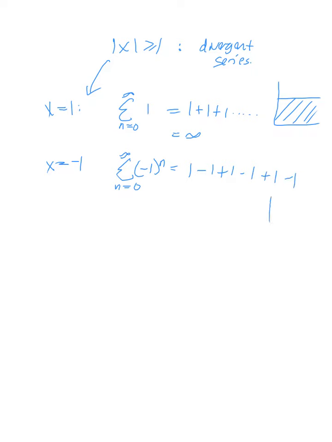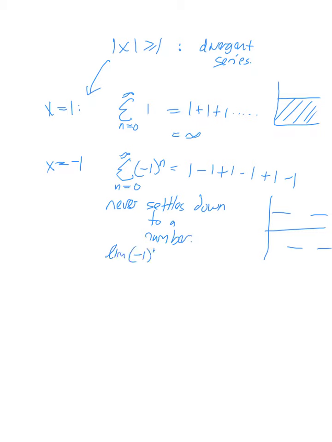So it's an oscillating series, and it never settles down to a number. In other words, the limit of (-1) to the nth power does not exist.